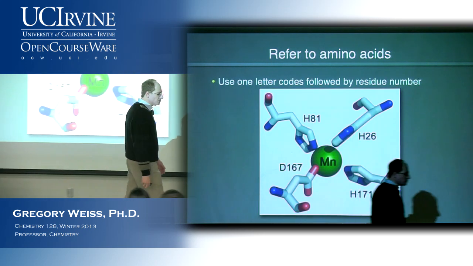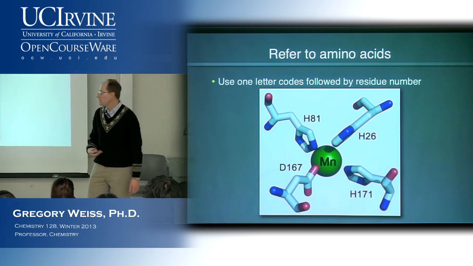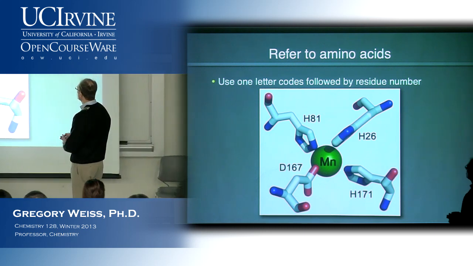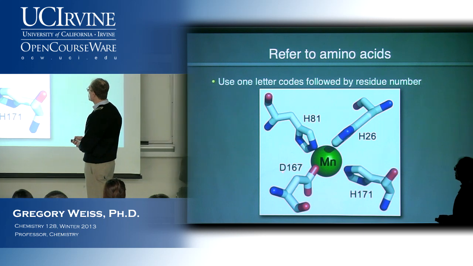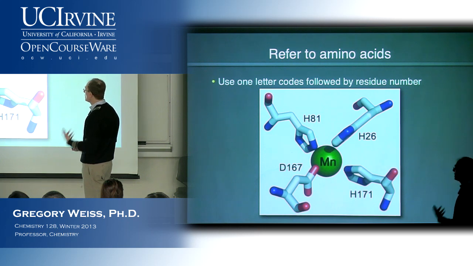So when we refer to the amino acids, the convention in this class and in biochemistry and chem bio is that we refer to them using the one-letter codes followed by a number. That number designates the position of this residue. Residue is another way of saying amino acid within the larger protein.